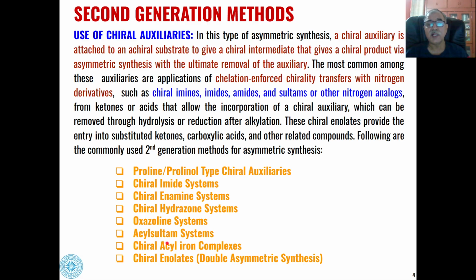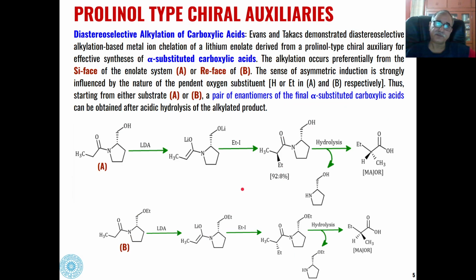Then acyl sultam type of systems, synthesized from sultam or their derivatives, then chiral acyl iron complexes, then chiral enolates. They can be used in double asymmetric synthesis like aldol condensation. So these are some of the commonly used chiral auxiliaries for asymmetric synthesis of different types of compounds.